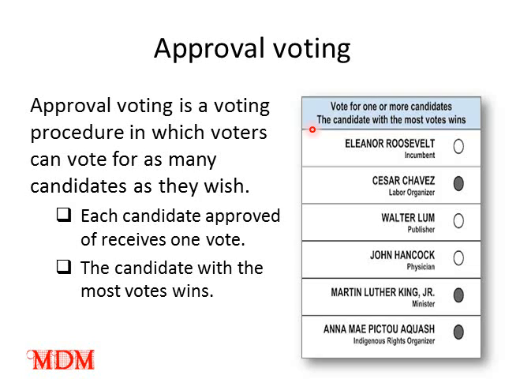In this mock ballot, you see it says vote for 1 or more candidates. The candidate with the most votes wins. This particular person has not shaded in beside Eleanor Roosevelt but has selected Chavez, has not selected Lum, has not selected Hancock, selected King, and selected Aquash.